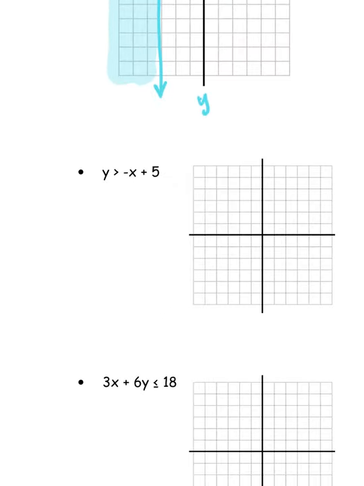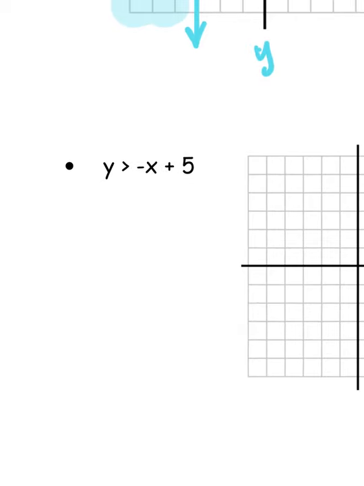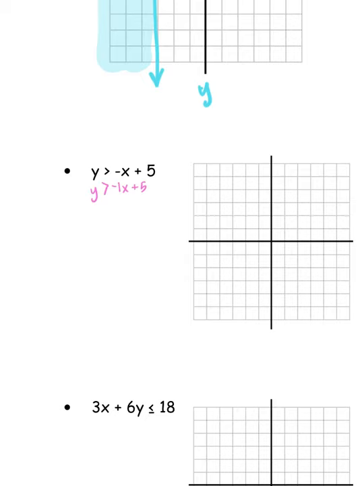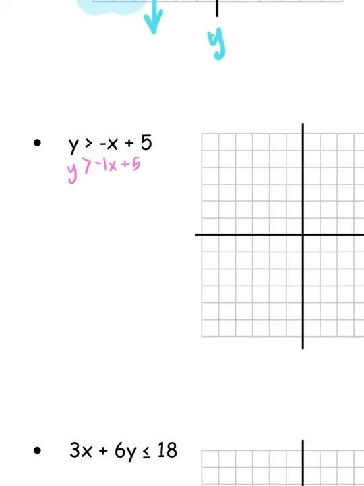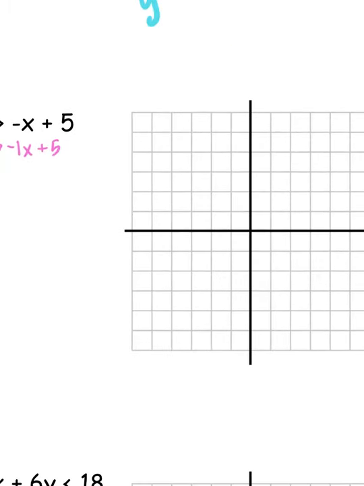Here's one with variables on both sides. So we're working with two variables. And we have to solve for y first. So y is greater than -x plus 5. Let's rewrite that, just so we can keep that in mind. And here we're just graphing this point. So let's see. My y-intercept is 5. So my first point goes here.